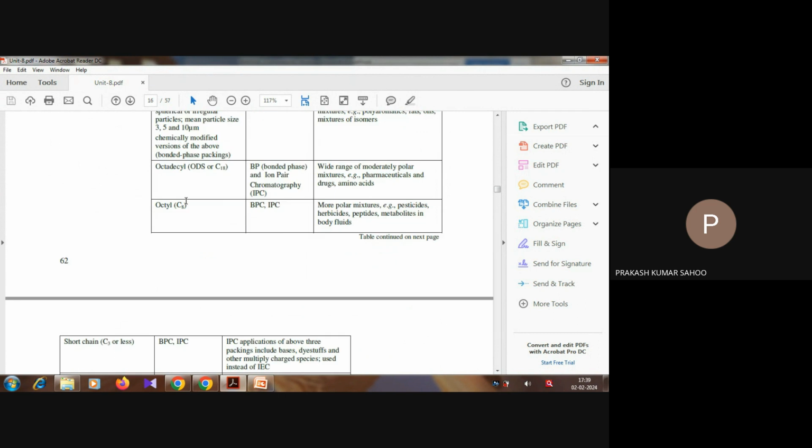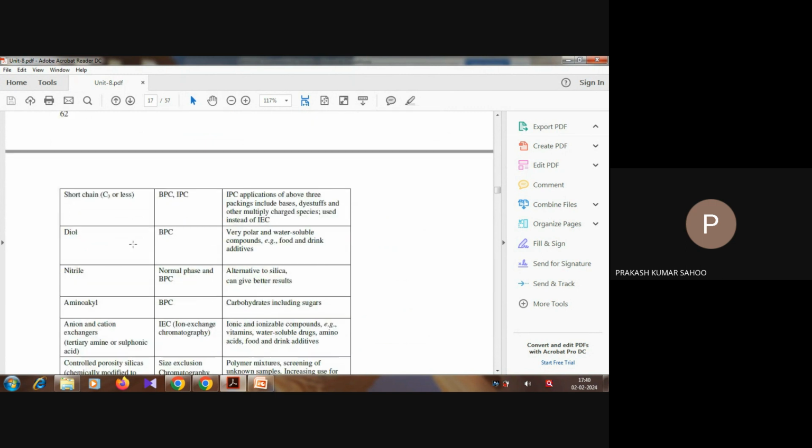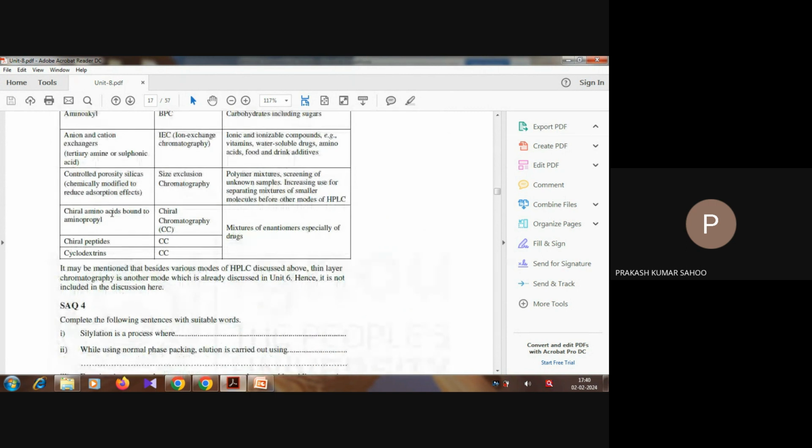If I go for C8, that is only octyl, then it will be bonded phase chromatography or ion pair chromatography, and some examples are pesticides, herbicides, peptides, etc. Then other packing materials are given here. Let's go through these things, and these all include chiral peptides. For chiral peptides, it is a mixture of enantiomers, especially of drugs.